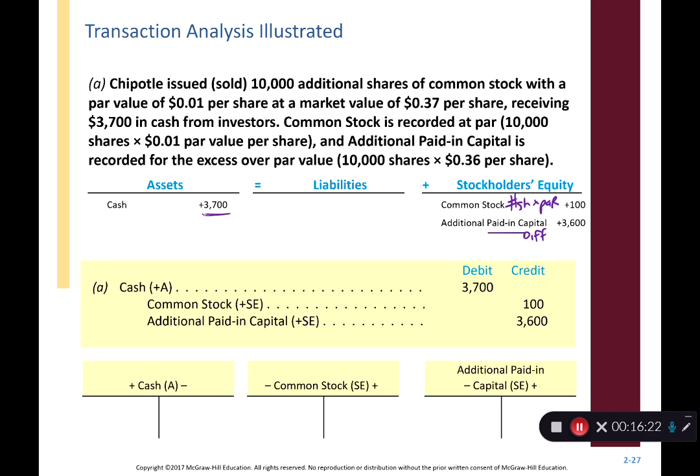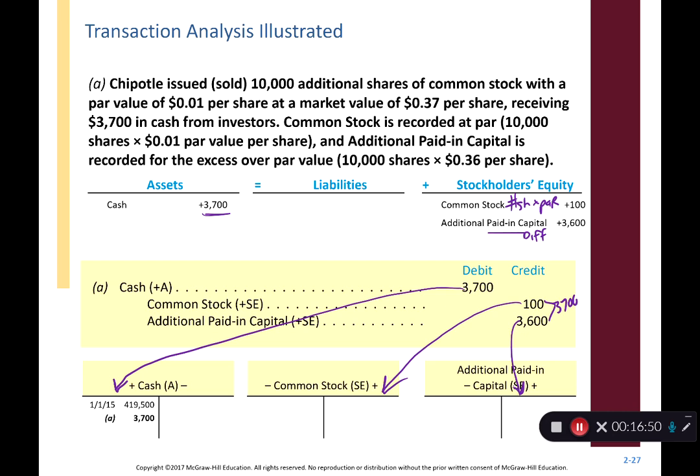And then once I have my journal entry, I can verify that debits equal credits, and you can see that debits do in fact equal credits. The credits total $3,700, and there's only one debit totaling $3,700. So that's an additional check for us. And then the last part is shut off half of your brain because you're just going to shove it where it belongs. For cash, we're going to shove it on the left. For common stock and additional paid-in capital, we're going to shove it on the right.